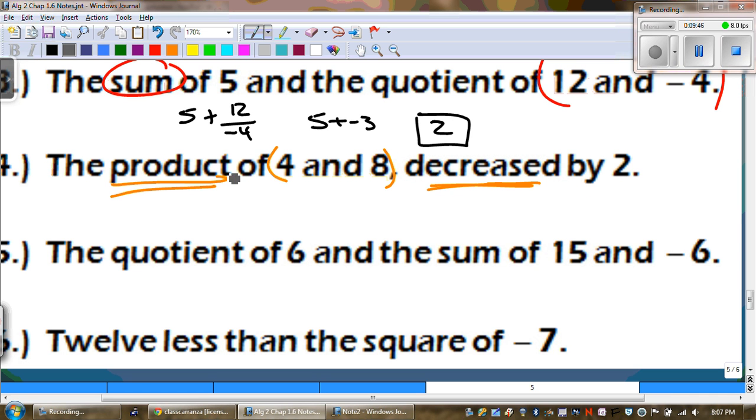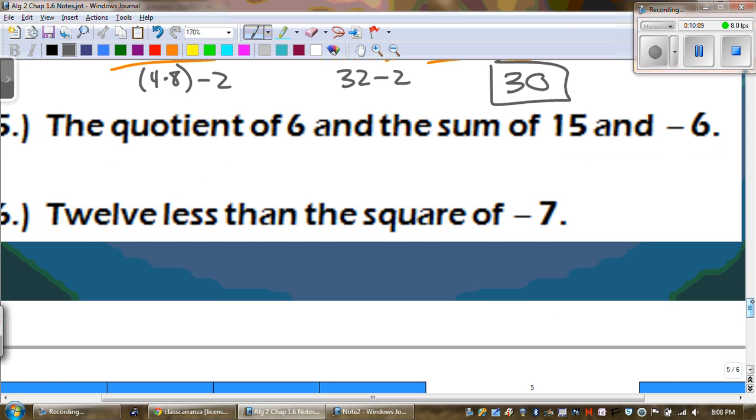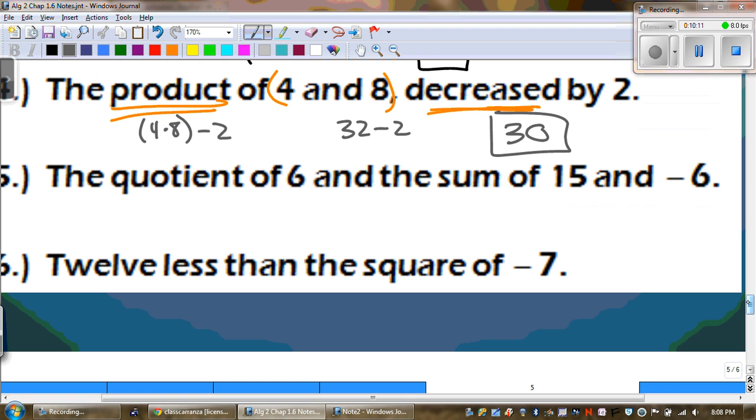So the product of 4 and 8, that means we need to multiply those and then subtract 2. 4 times 8 is 32, and 32 minus 2 is 30. All right, next one.